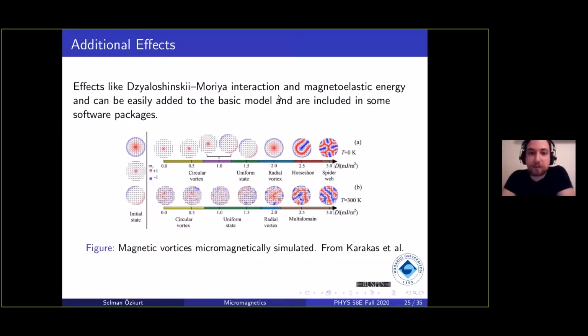Also magnetoelastic energy and many other forms of energies can be added to the basic model. These are rather easy ones to incorporate into micromagnetic models, and I guess they are going to be contributing to the H effective field in terms of their own energy values. And the example we see here is from Karakash and others, where others include our group and the Italian group I mentioned.